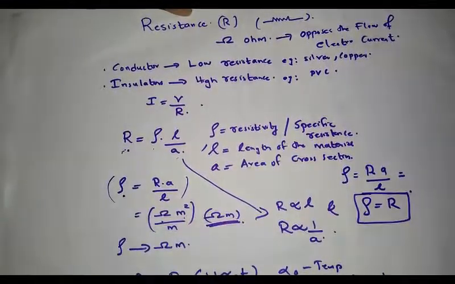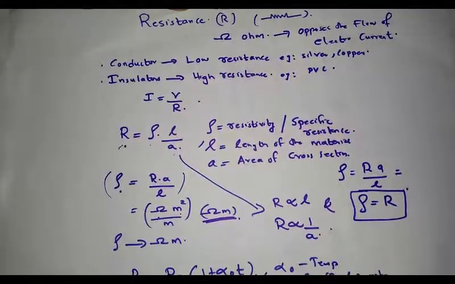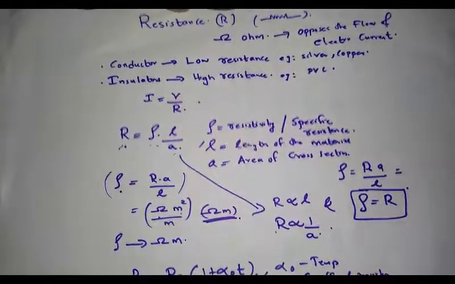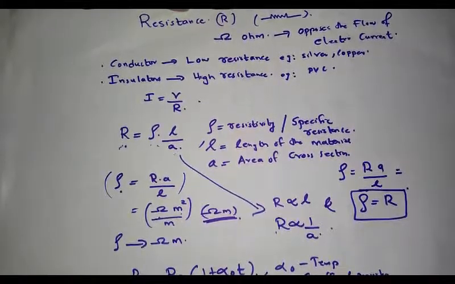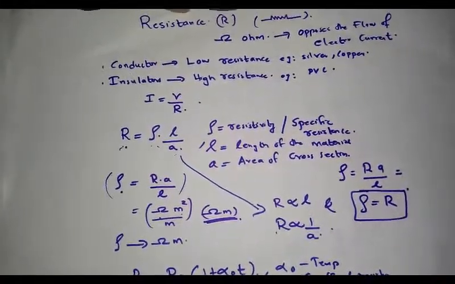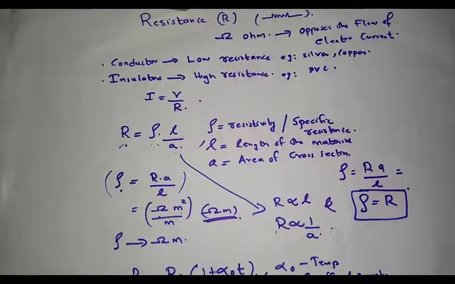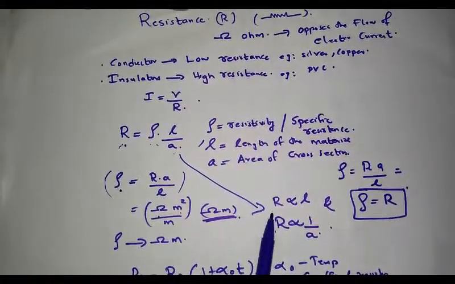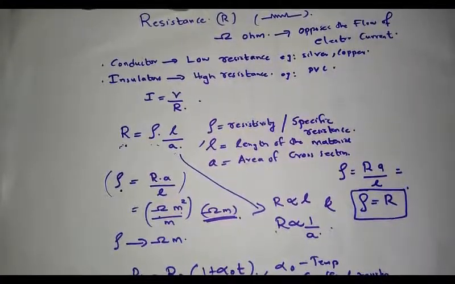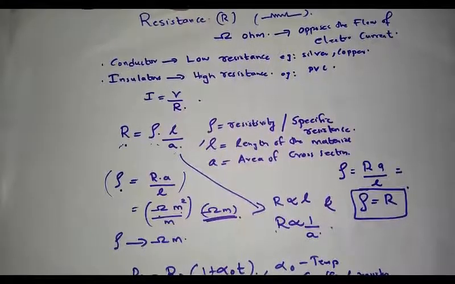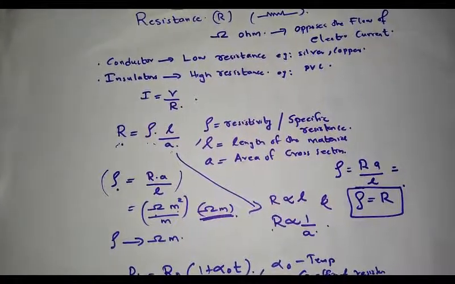From the equation resistance R is equal to rho L by A, we obtain this relation. Resistance is directly proportional to the length of the material, and also resistance is inversely proportional to the area of cross section of the material. These two are very important relations. Therefore, by increasing the length of a wire carrying electric current, its resistance increases, since resistance is directly proportional to the length.